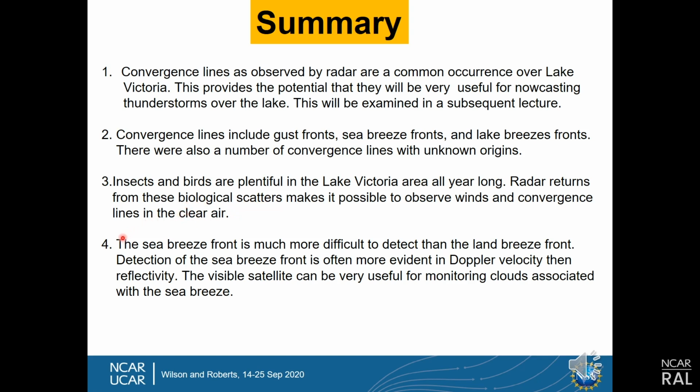And fourth, we saw that the sea breeze front was fairly difficult to detect in the radar reflectivity, more so than the land breeze front. While we could see it a little better in the Doppler velocity, it was the visible satellite, being daytime, that was very useful for monitoring the clouds associated with the sea breeze front.